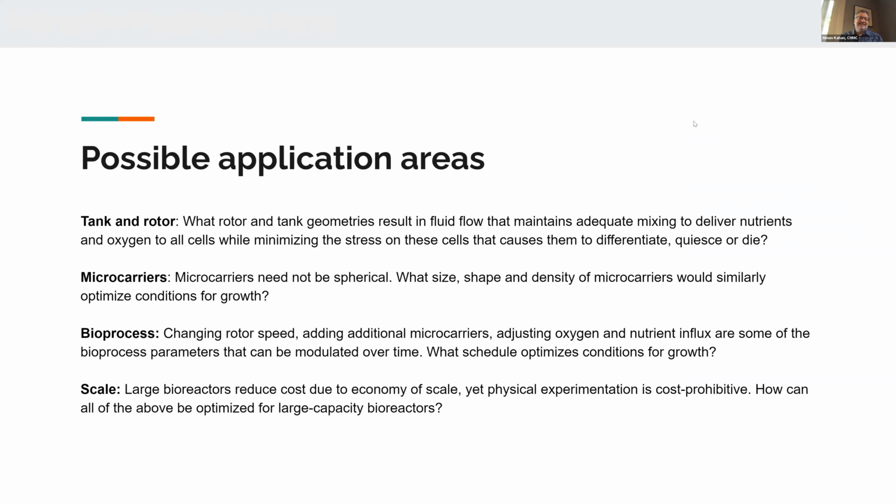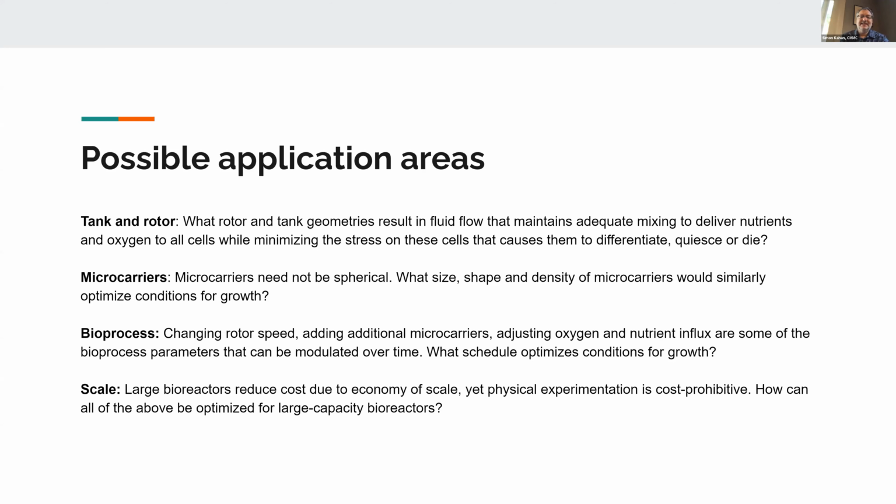So, possible application areas. You could think about maybe in the future looking at different tank sizes and shapes and rotors and different kinds of bioreactors, looking at the stresses of the cells, how mixing occurs. We're not doing any mixing here in this example.